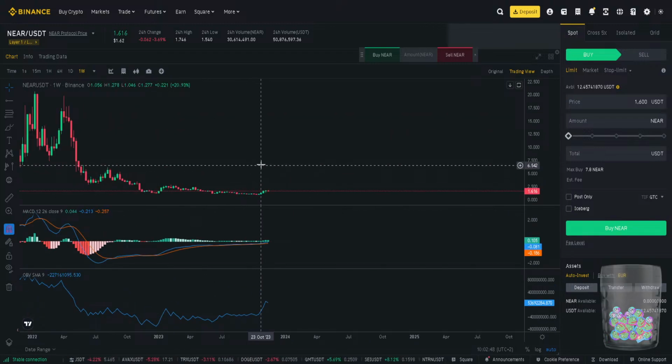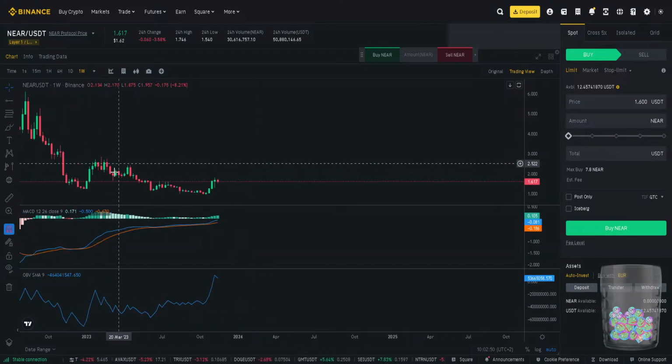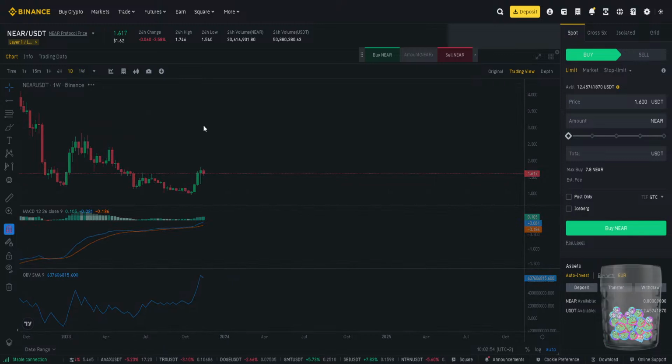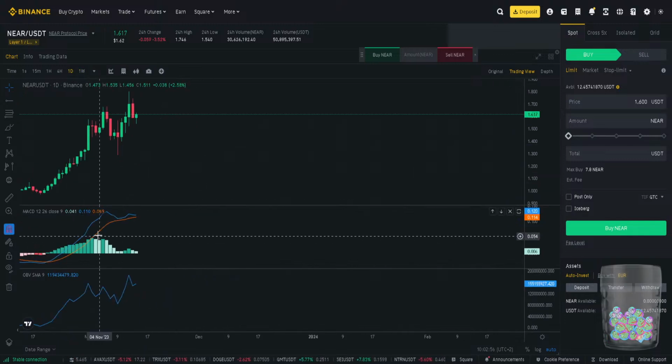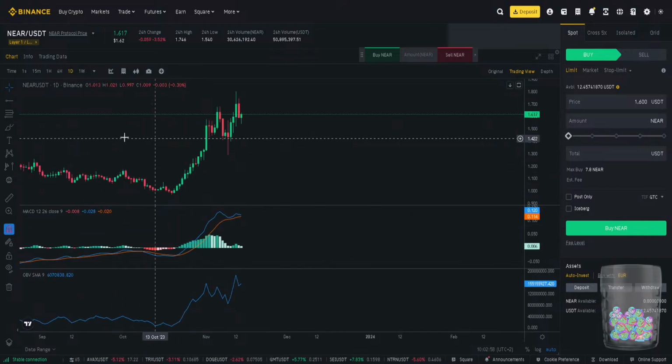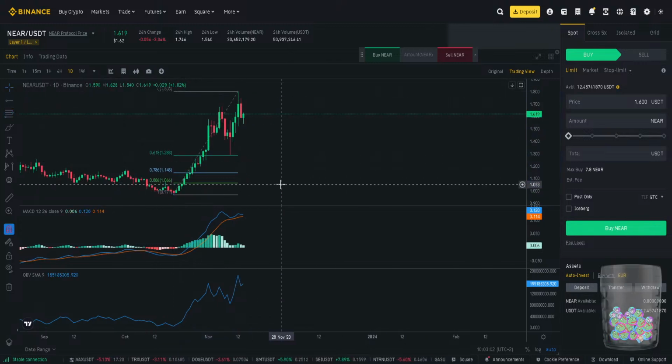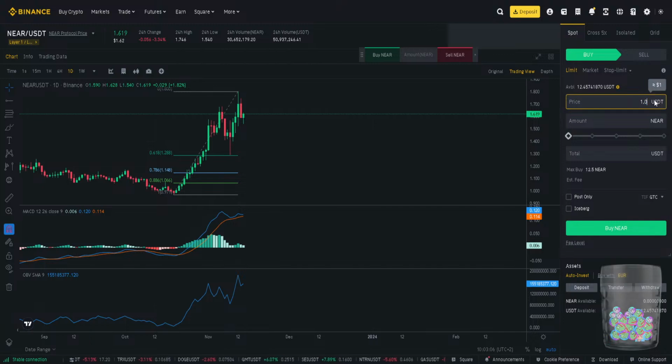Rallied off its lows. That's a V bottom. Got bullish divergences though. Let's take a look at the daily. Strong bearish divergences here. So, I mean, $1.06.